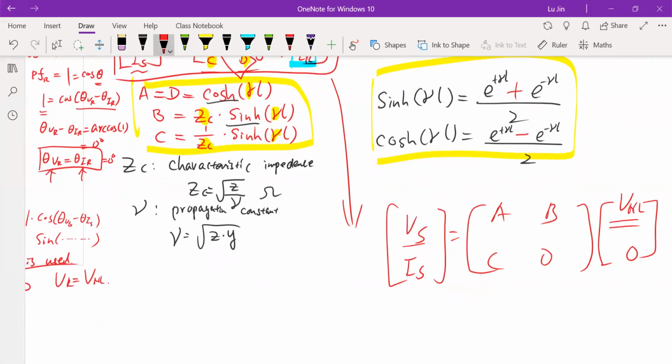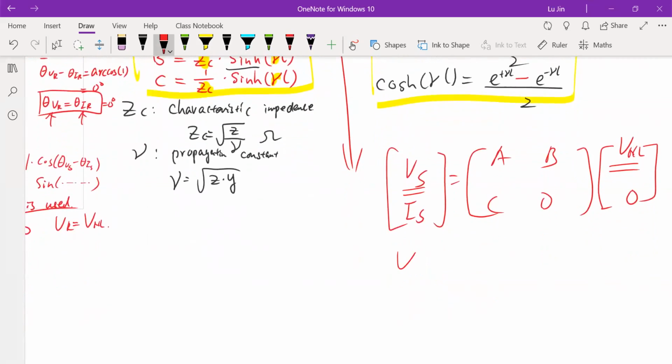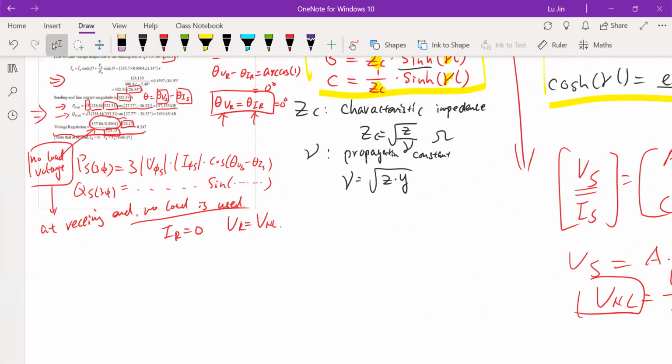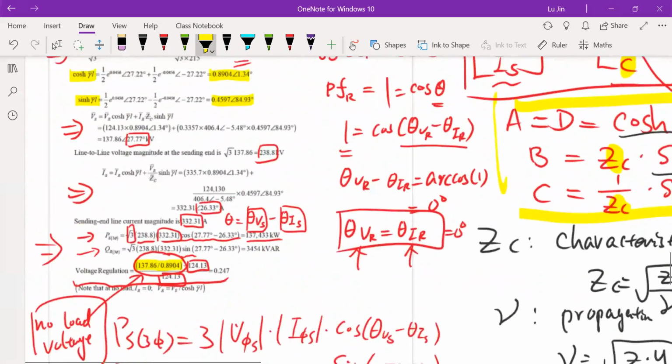You have already known the sending end voltage. So we can say Vs equals A multiplied by the no load voltage plus B multiplied by 0. This term is gone. So no load voltage is equal to Vs over A. Here this no load voltage is used where that is used here. You can find it if I zoom in a little bit.